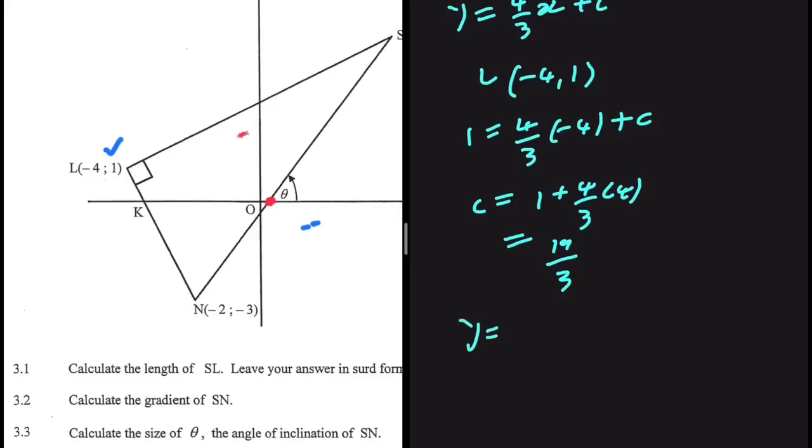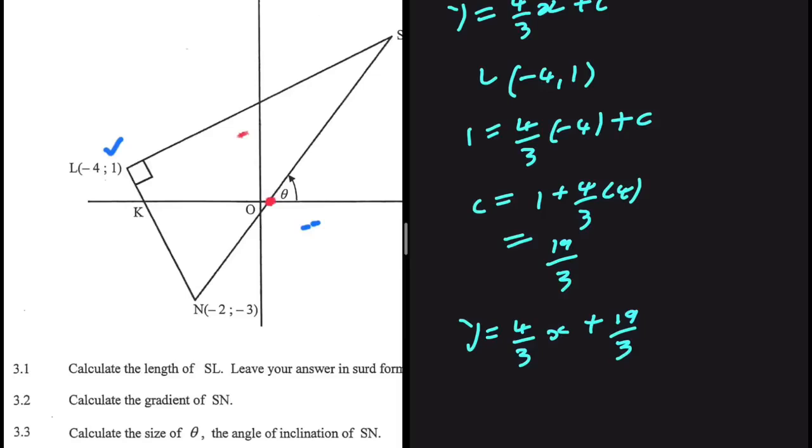So y is equal to 4 divided by 3 x plus 19 divided by 3. C is 19 divided by 3. If I substitute -4, will I get 1? Let me see if that will be the case. -4 times 4/3 plus 19/3 gives 1.